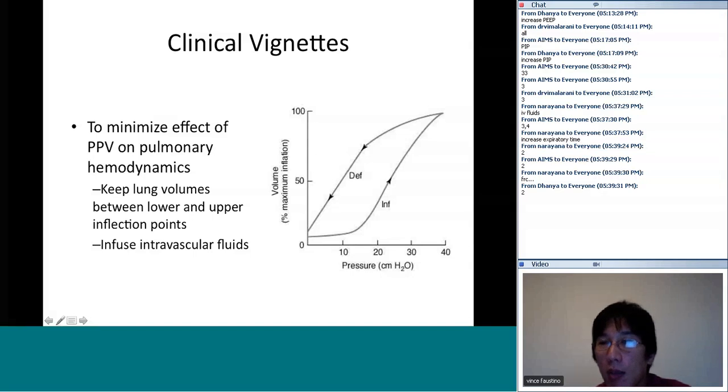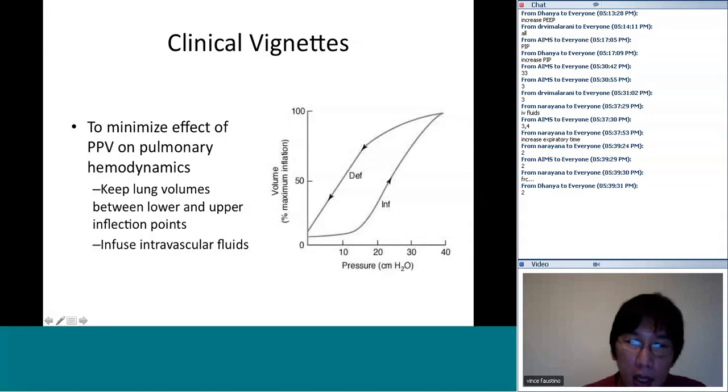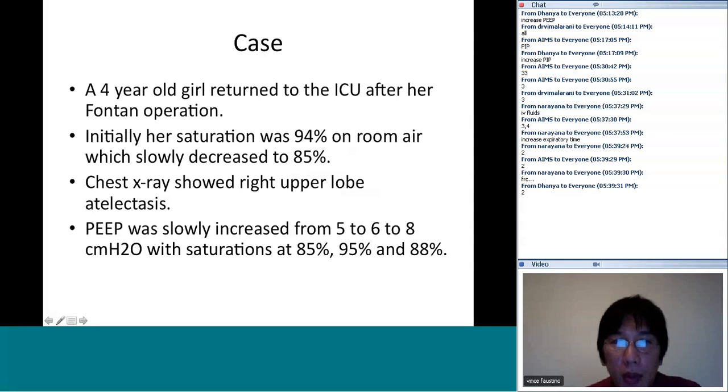So you minimize the peaks in your PVR, and hopefully that's better for your patient. And then the other thing that you can do is you can always give some more intravascular fluid just to improve your hemodynamics.